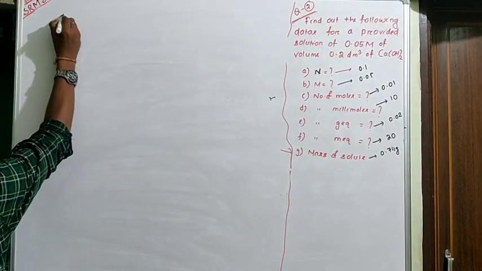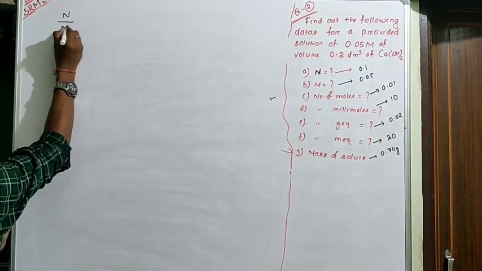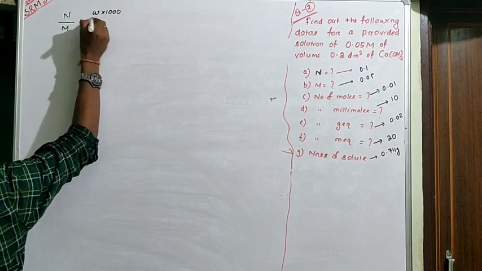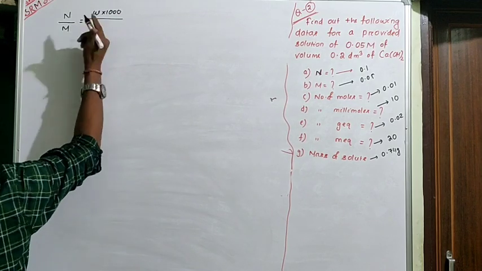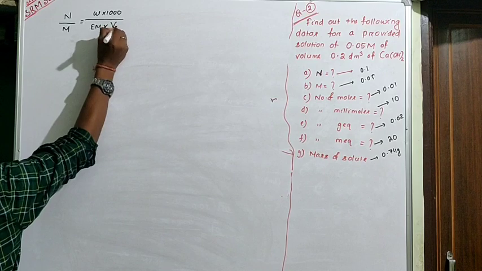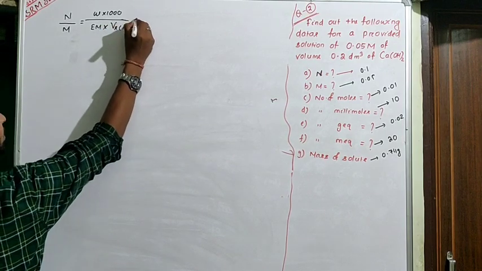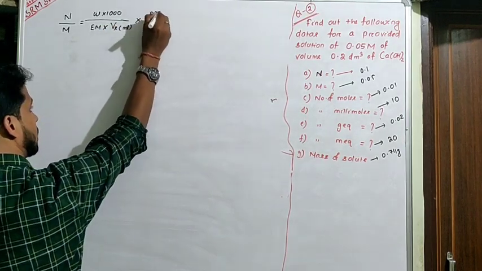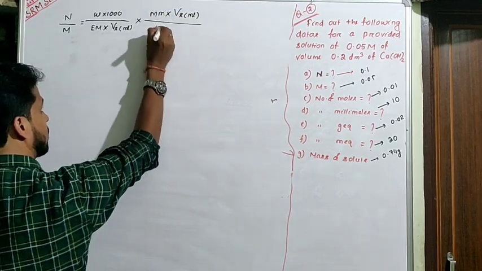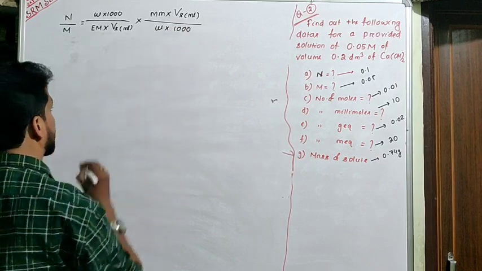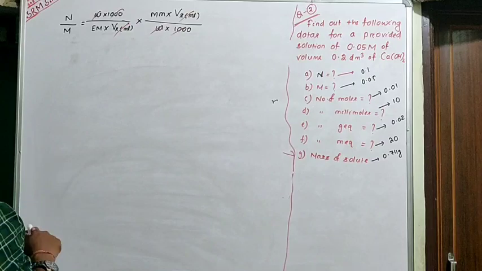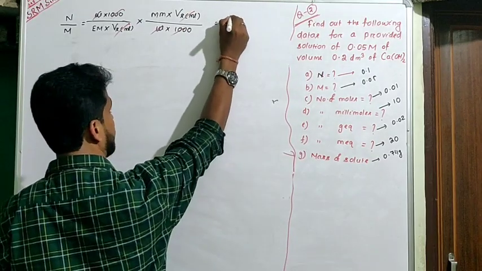But for this question, I am just writing the answers. Normality by molarity is W into 1000 by equivalent mass into Vs ml, into molecular mass into Vs ml by W into 1000. So that cancels, and it is molecular mass by equivalent mass.